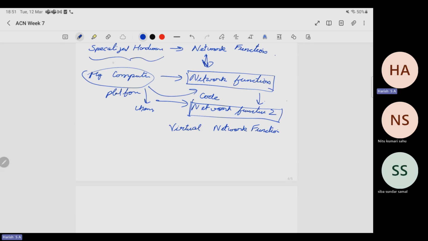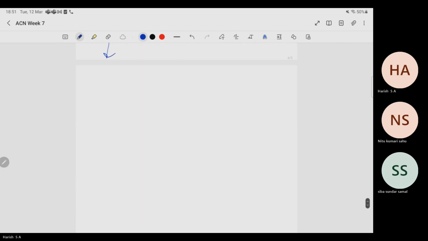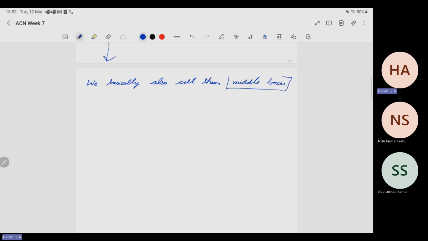The specialized hardware, we basically also call them middle boxes. I think middle boxes, I've spoken about it at length in previous classes also, but we'll take a look at it here as well. All right.